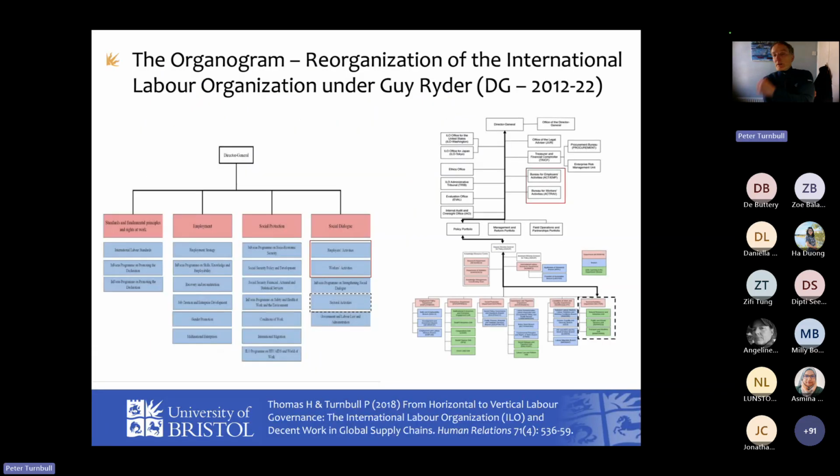So this is one of the visual representations that we find a lot in business management, looking at organizations, where people draw out the organizational structure. We call these organograms. When I joined Bristol in 2015, I joined the School of Economics, Finance and Management.